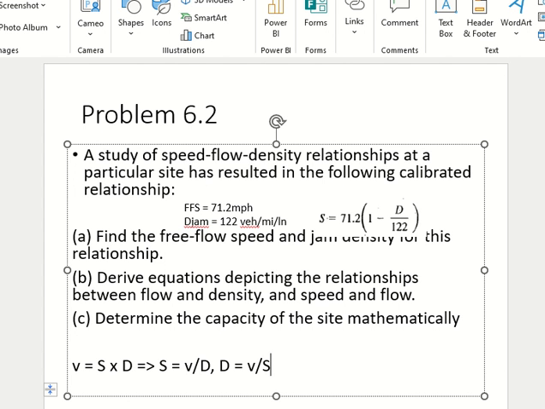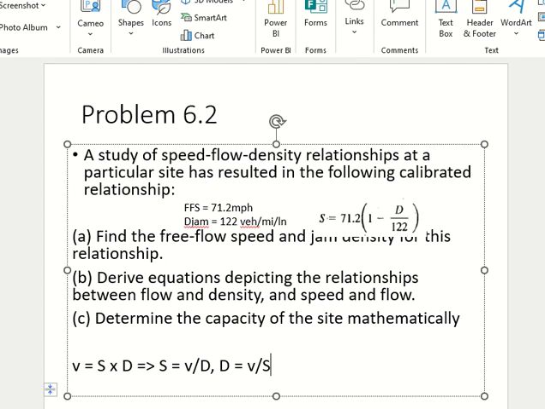Okay, look at the last part. Now you have three equations: speed and density, speed and flow, and flow and density. We have to find out the capacity. What did we do to find out the capacity? You have to find out critical density and critical speed.